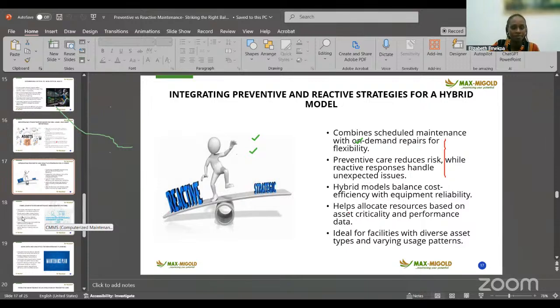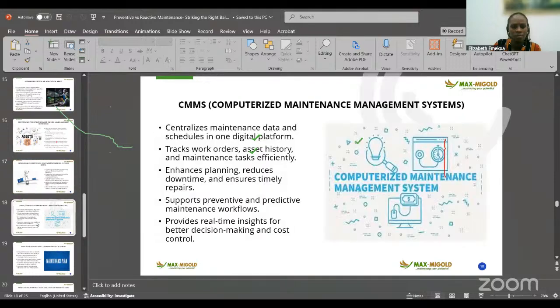Okay, next slide, please. Okay, so I mentioned earlier, CMMS is a computerized maintenance management system. It is a tool for managing our assets.